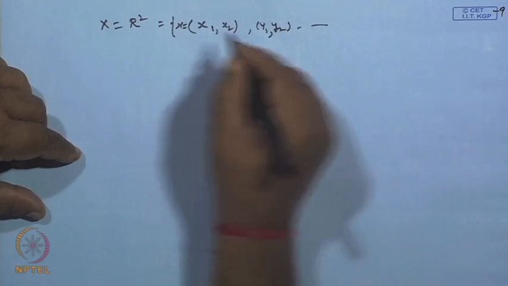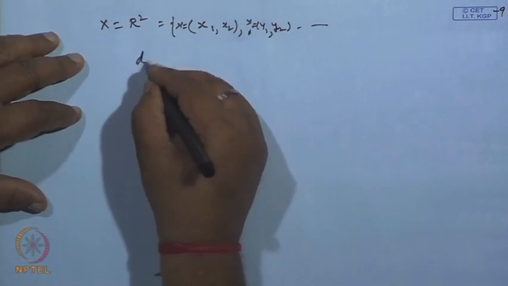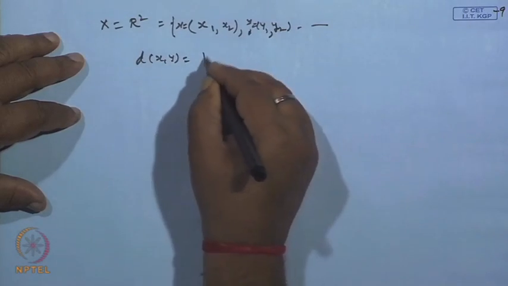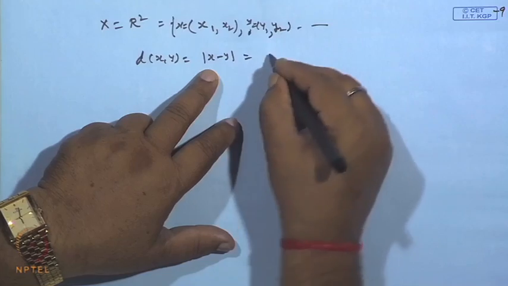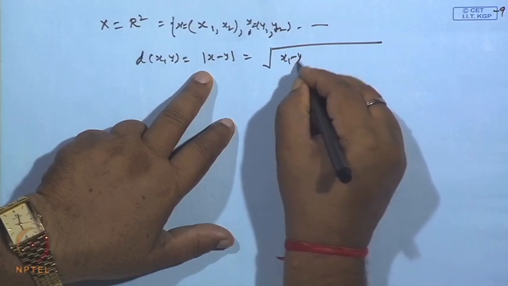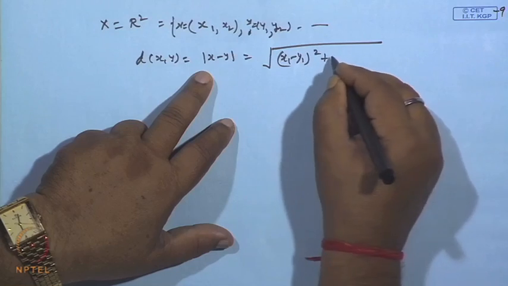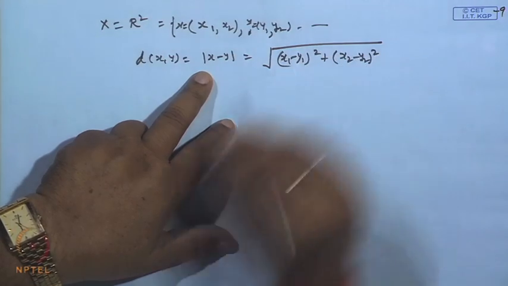Suppose this is an element x, this is another element y. Then d of x y, which is written as mod x minus y. I am writing just the same using the mod, but the meaning of this in the 2-dimensional case is the square root of x1 minus y1 whole square plus x2 minus y2 whole square.